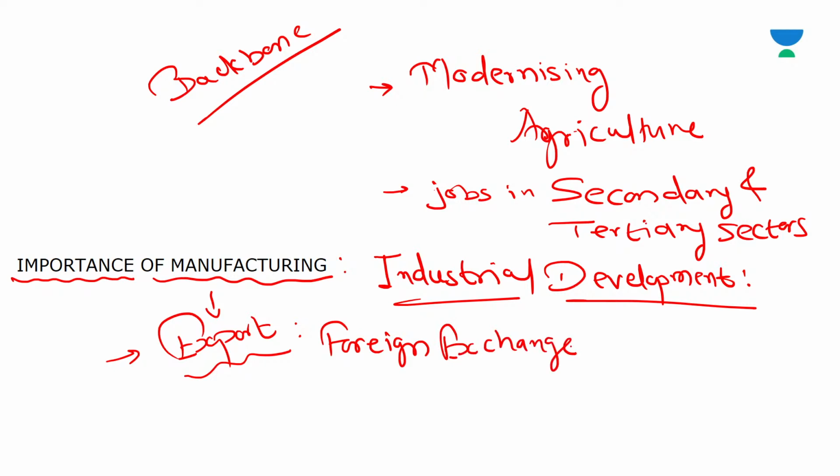So countries that transform their raw materials into a wide variety of finished goods of higher value are prosperous. So India's prosperity lies in increasing and diversifying its manufacturing industries as quickly as possible.